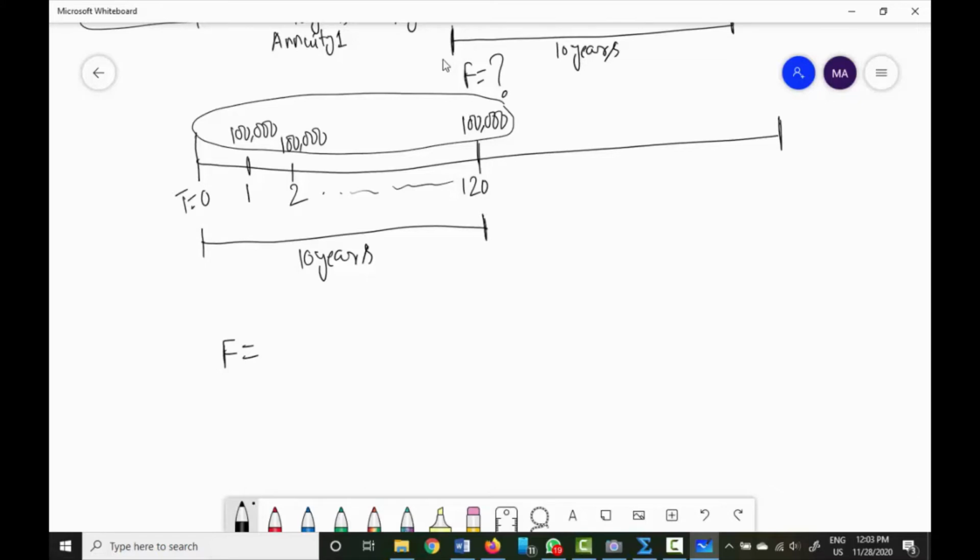We want to find out the future value of annuity. The future value of annuity formula is C divided by R multiplied by (1 plus R) power T minus 1. Here the monthly installments C are 100,000 each, 1 lakh taka.